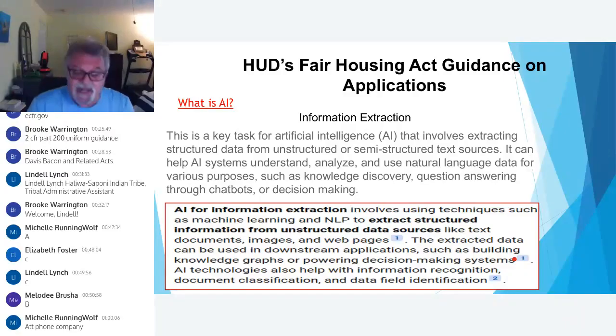How does this relate to what we're doing in housing? Well, the capacity that artificial intelligence has to gather this information and present it to us, and we might not even know that it's artificially generated, because it could be coming through a third-party vendor that we might use.